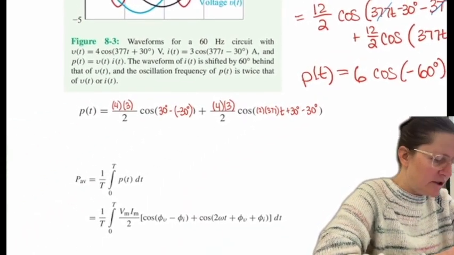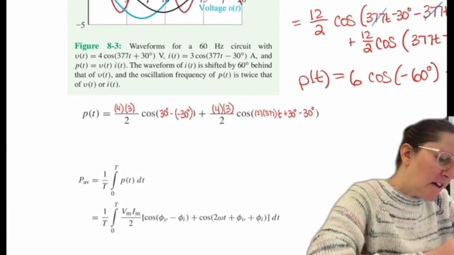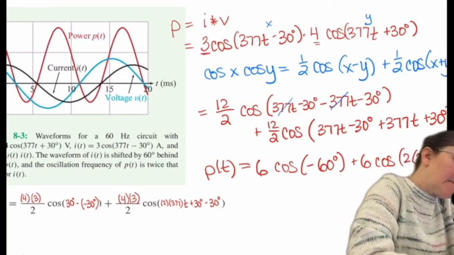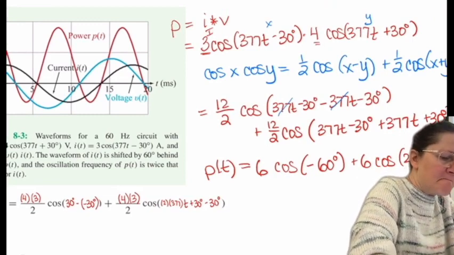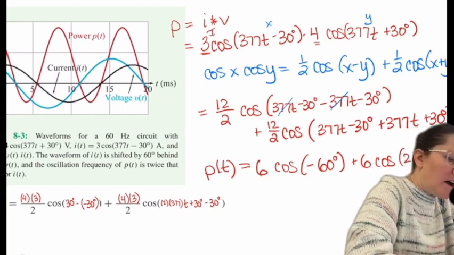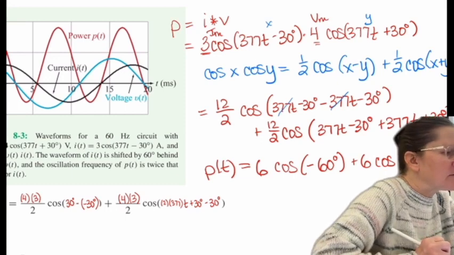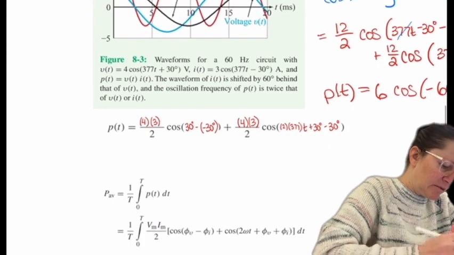So if we want to write this in generic form, this was the magnitudes of I. So the Im is the magnitude, and the Vm was the magnitude. Both of those were multiplied and then divided by 2.